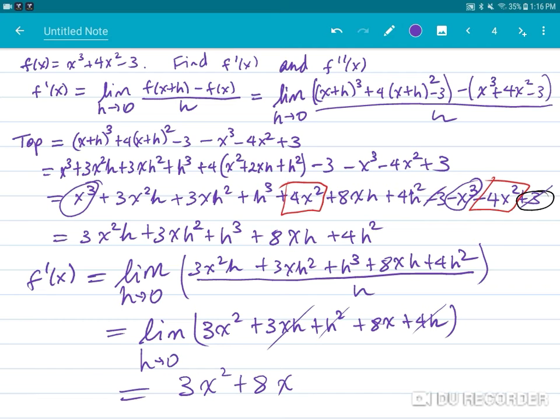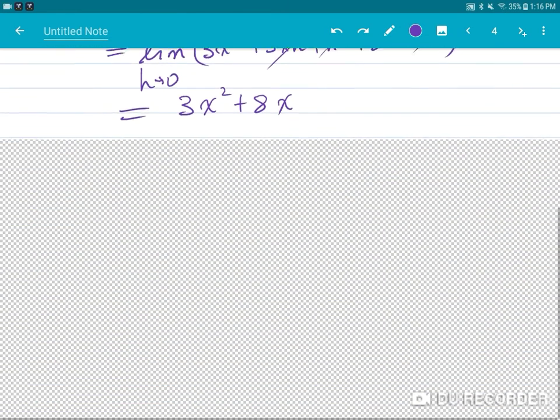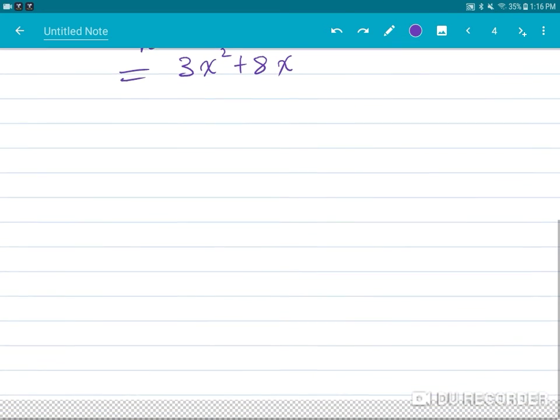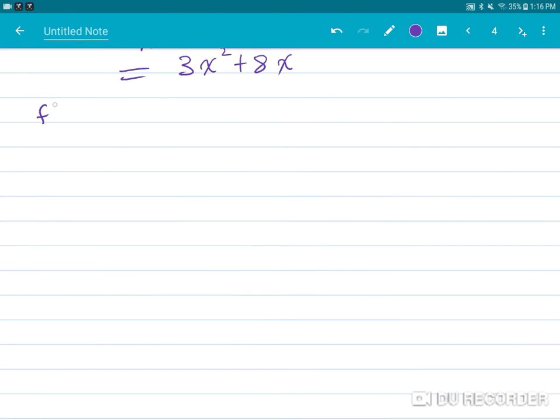For the second derivative, I'll take the derivative of this function. So this is my function. I'll use this function to find the second derivative. That will be the limit of f prime of x plus h minus f prime of x, all over h as h approaches 0.